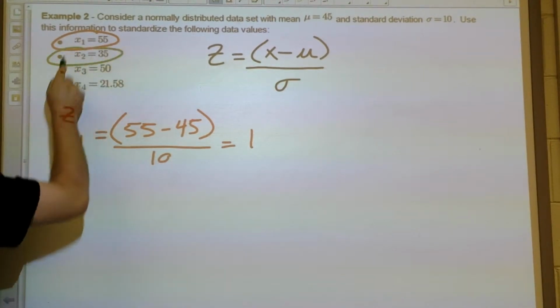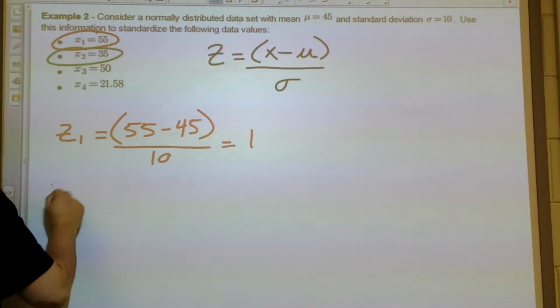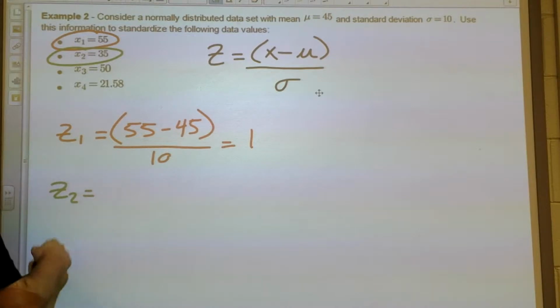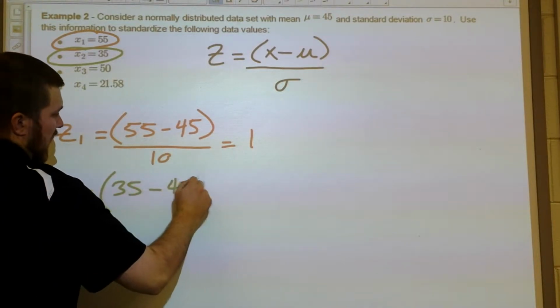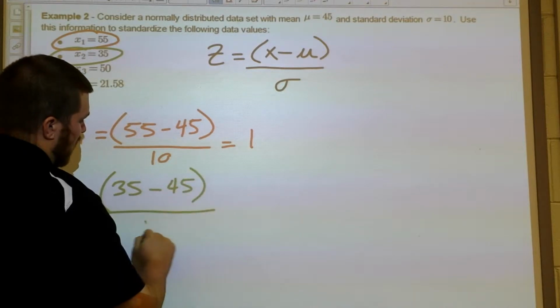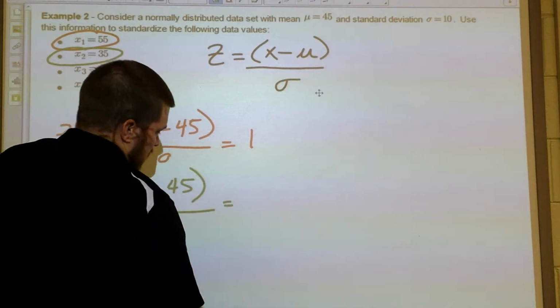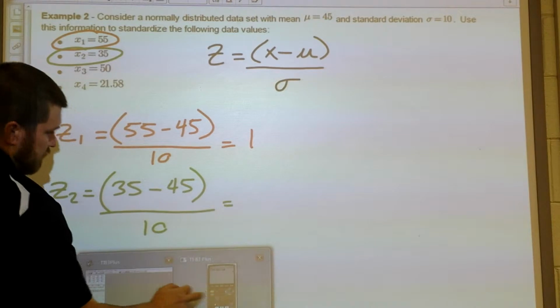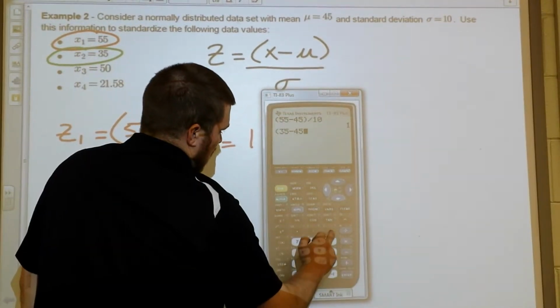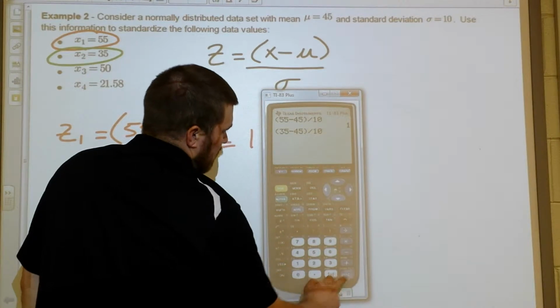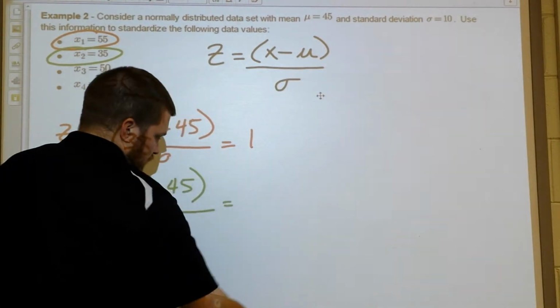My second standard score, we need to calculate it. I'm going to do it in green. Again, my given score was 35 minus my average score, divided by my standard deviation. Use calculator. So (35 - 45) divided by 10 is -1.